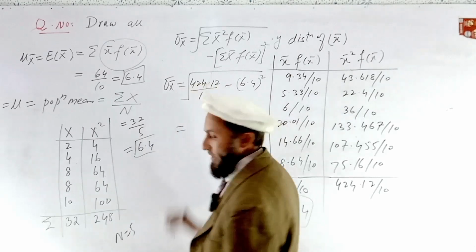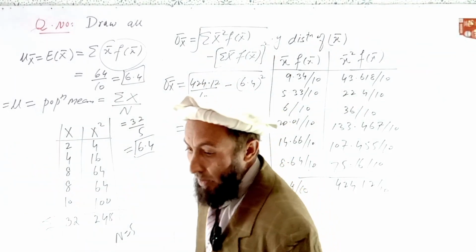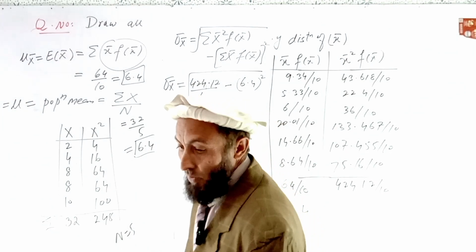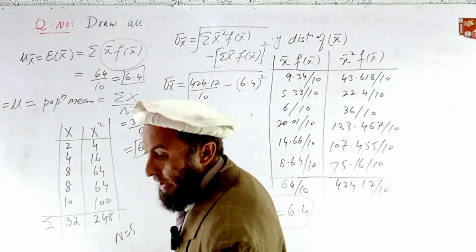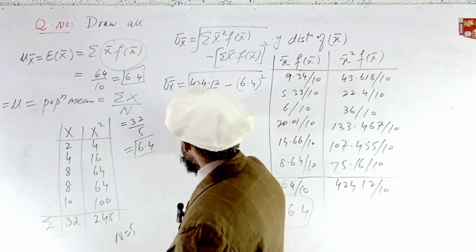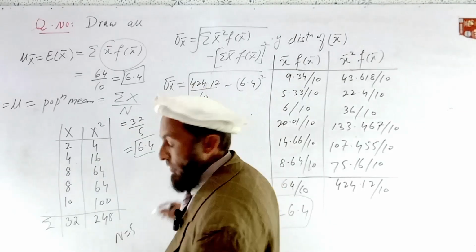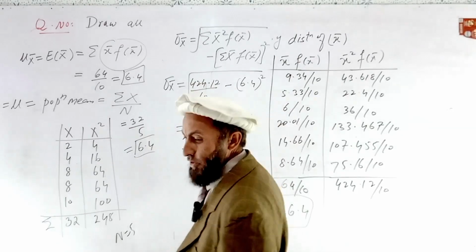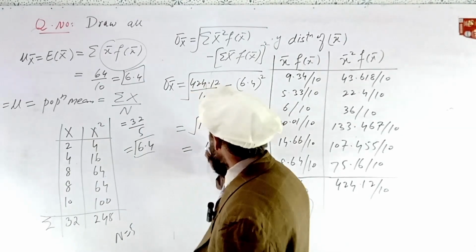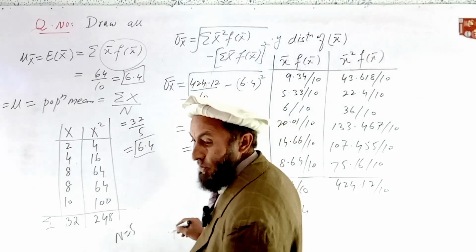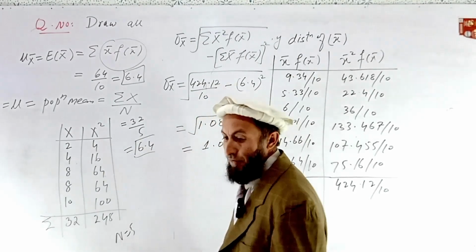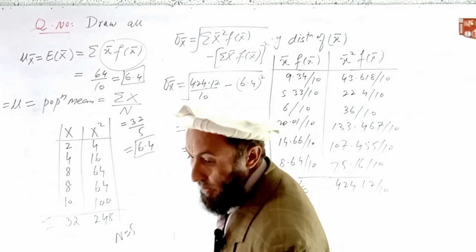If we calculate this, the result will be 1.0 point 0.08 under the square root. If we take the square root, we get 1.039. This is the value of sigma x bar.